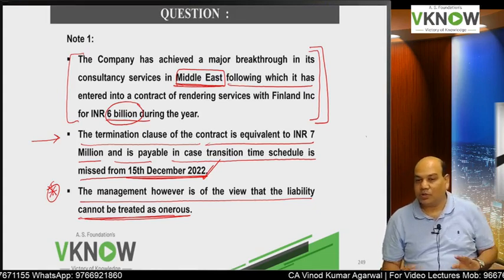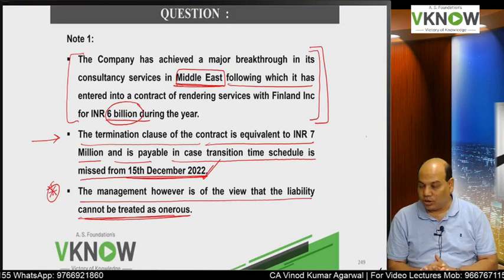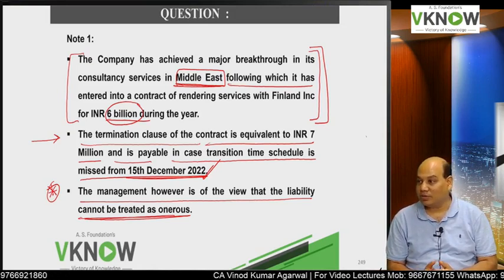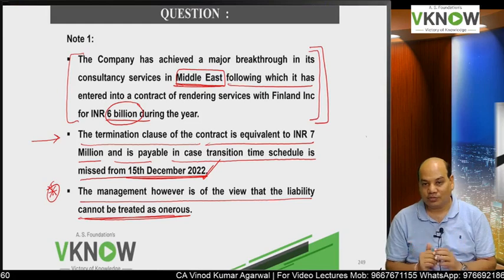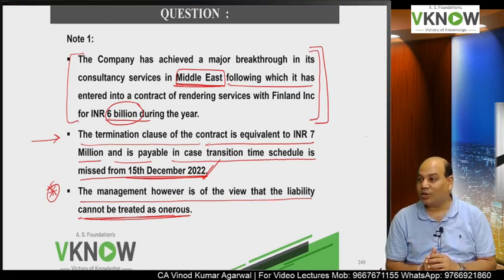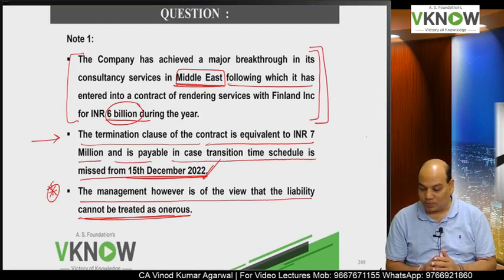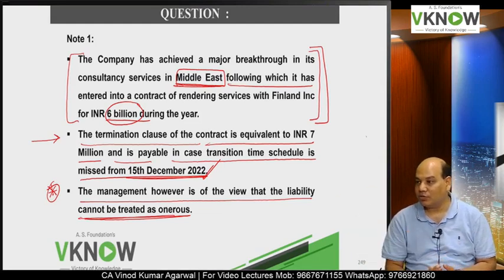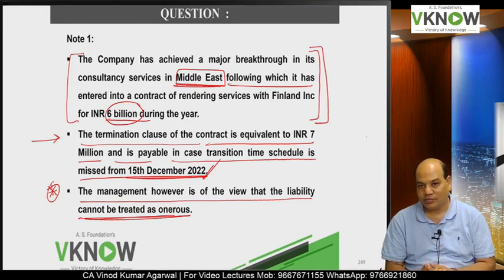But again, in a possible obligation, do you think that there will be an outflow of resources embodying economic benefit? Management thinks that no, we are damn sure that the contract can be executed on time. Management is of the view that liability cannot be treated as onerous, so we don't have to pay this liability.